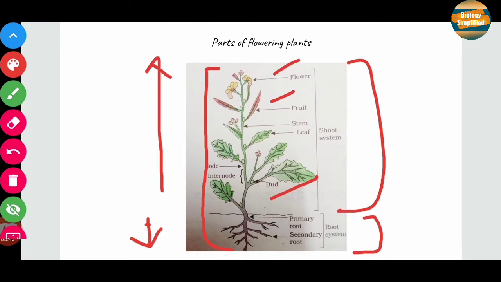Here you can see a node from which a leaf has arisen, and the distance between two nodes, that is the internode. In the root system there is the primary root, the main root, from which lateral roots, the secondary roots, have arisen, and secondary roots may extend to tertiary roots and rootlets. So this was all about how the plant parts are divided.